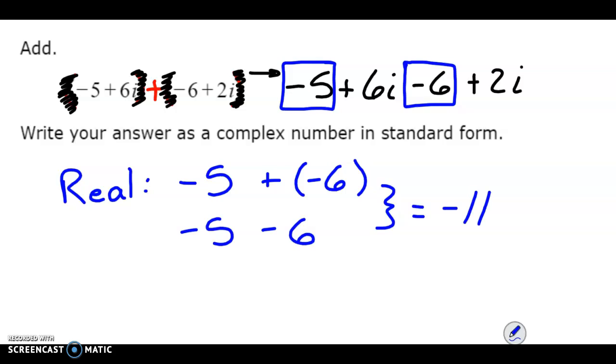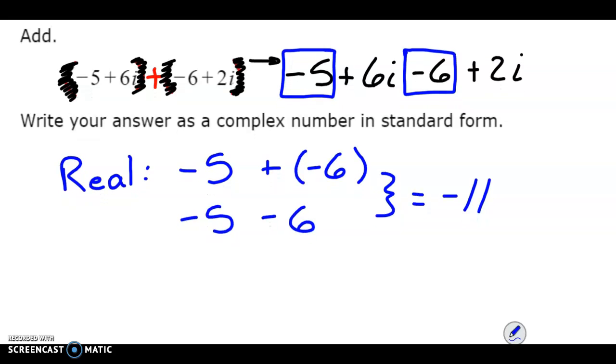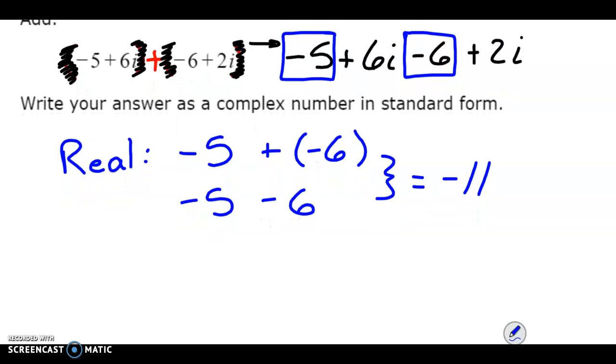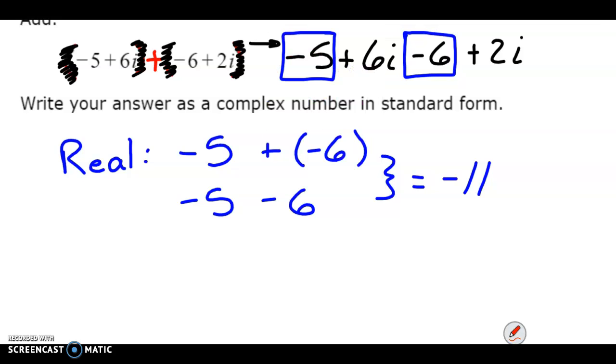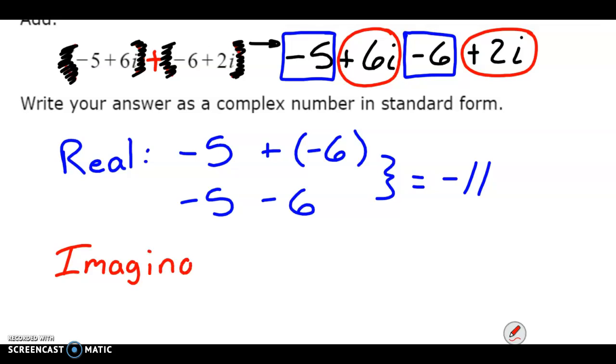So you're just combining those two real terms, and then we're going to combine the two imaginary terms. Your imaginary terms here are a positive 6i and a positive 2i. It's going to be 6i plus 2i, and it's just like combining x terms or y terms.